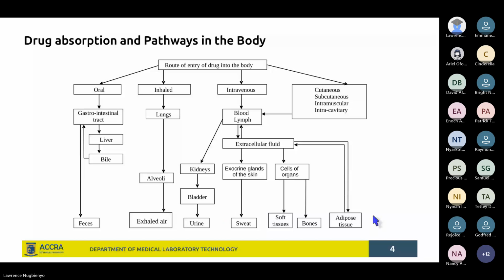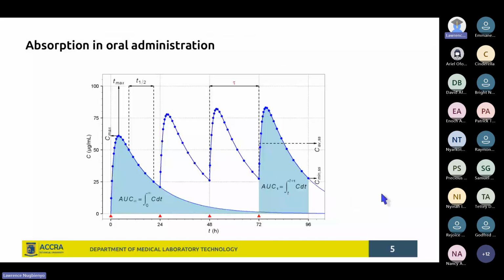Now, when you take a look at that process of absorption and you represent it with a kinetic curve such that you have concentration on the vertical axis, time on the horizontal axis.